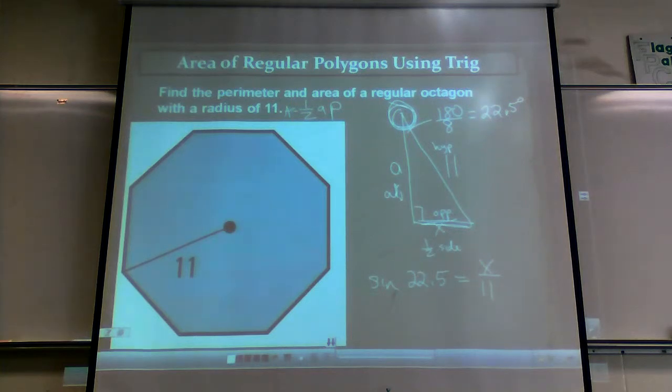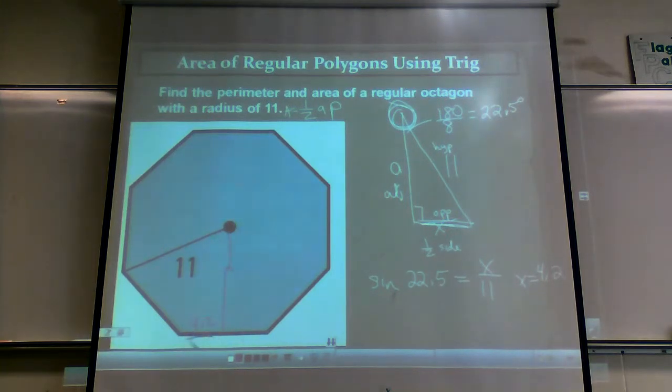All right. If you do sine 22.5 times 11, you get 4.2. Okay. So now what I have, guys, is the half side. So if I were to draw this on the octagon, the part I have is right there. Right?